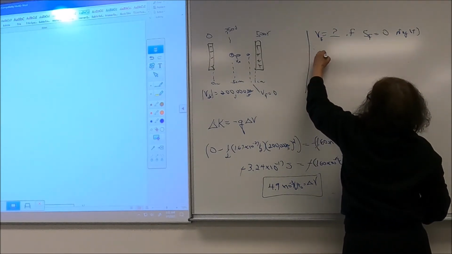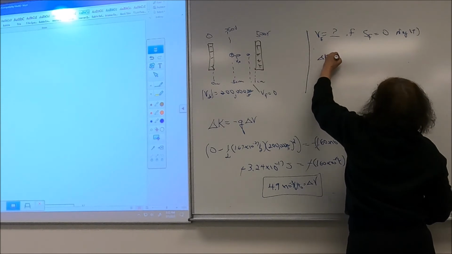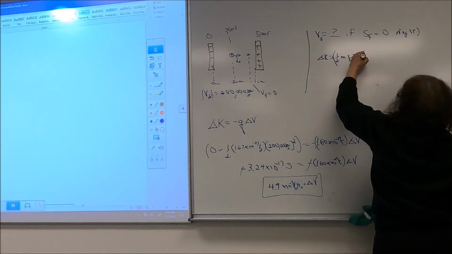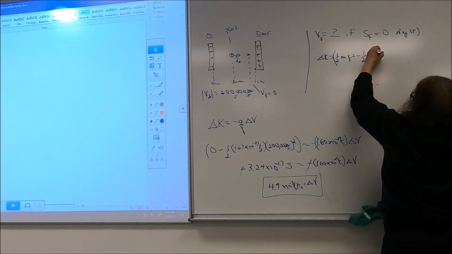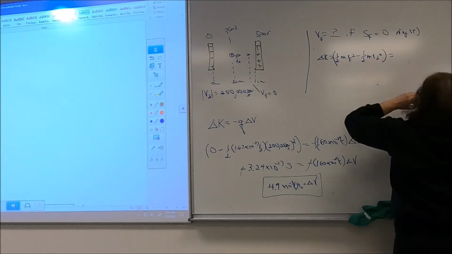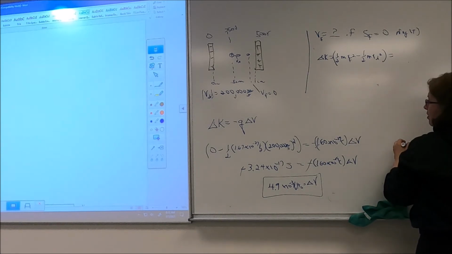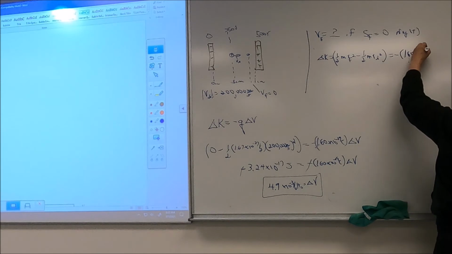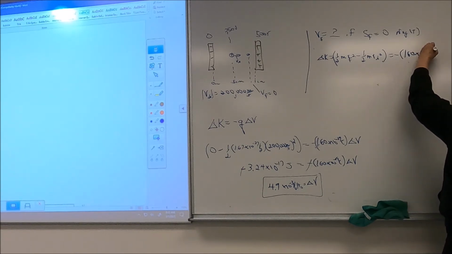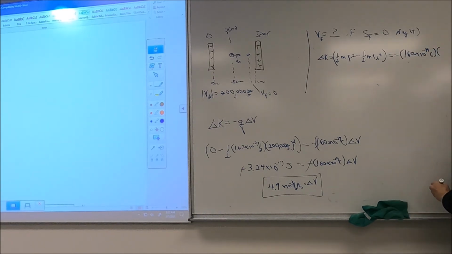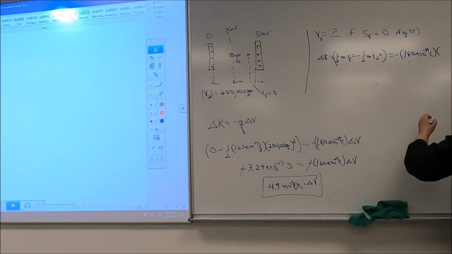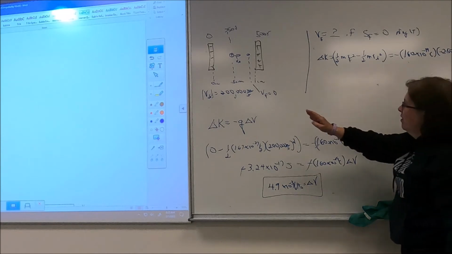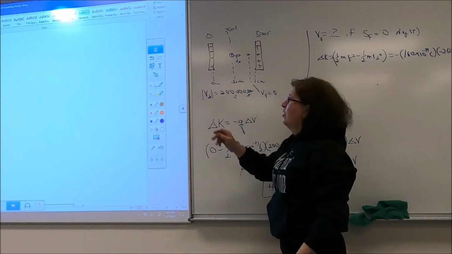So, change in kinetic energy, which is 1/2 m V final squared minus 1/2 m V initial squared, has to equal the negative of 1.60 times 10 to the minus 19 coulombs, and the change in potential is minus 250 volts, because it's going from 250 volts to 0.